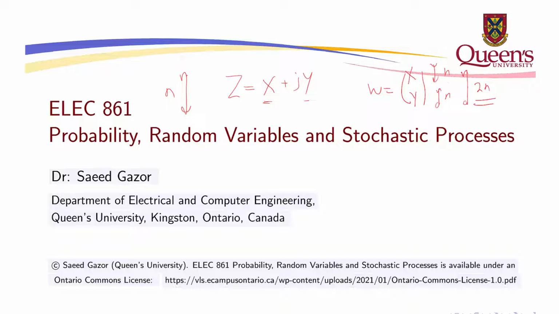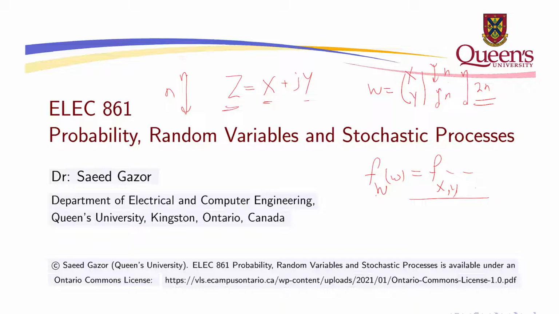What I suggest is to usually work with the distribution of w instead of the distribution of z or the joint distribution of x and y. This w is like x and y concatenated beside each other. So work with the distribution of the real part and imaginary part separately, like a joint distribution. Otherwise, you may be confused.